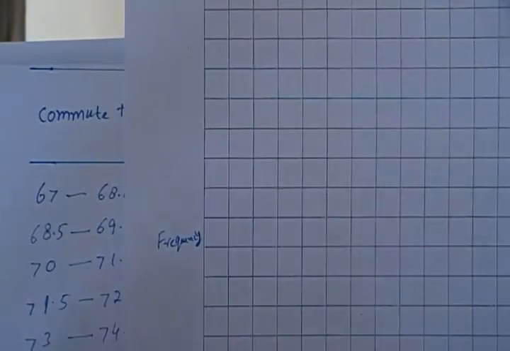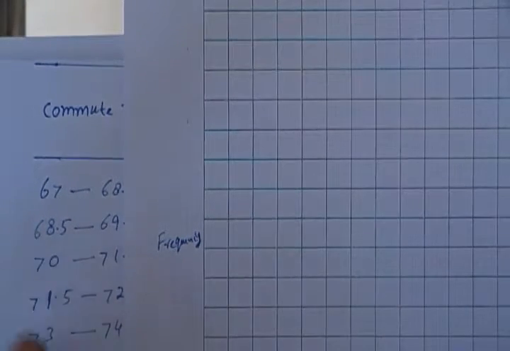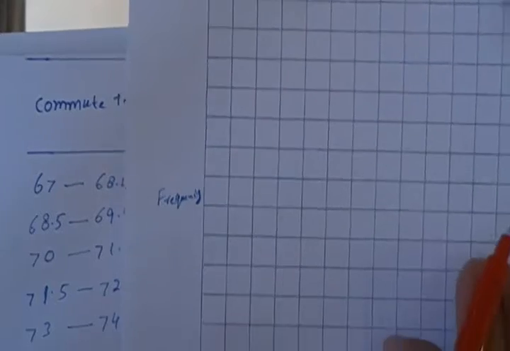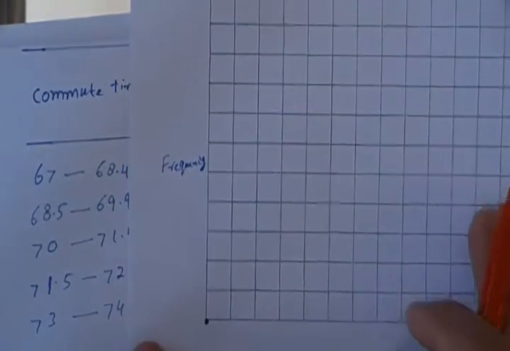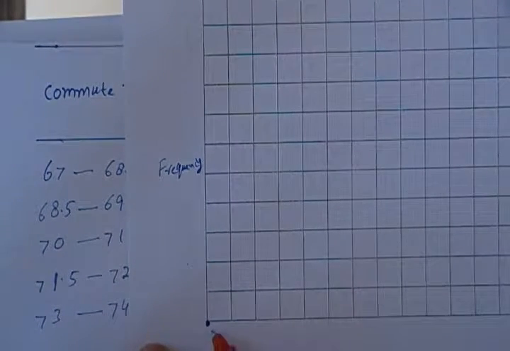You can start anywhere. For example, I'm starting with this point here. Our classes start with 67, so I would label 67 here.